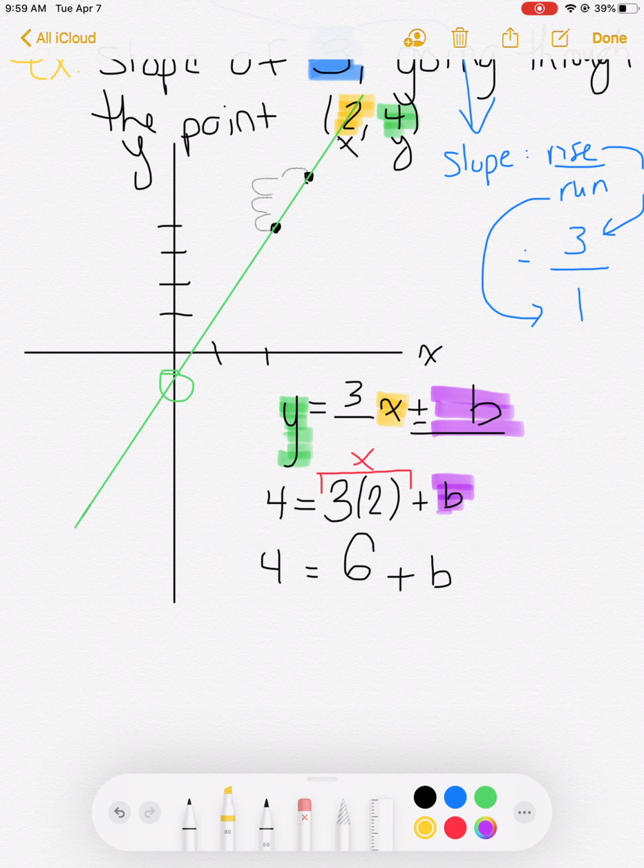Do you guys remember this? Oh, it's all coming back. What do I need to do to get b by itself? Subtract 6. What you do to one side, you do to the other. Let's clean her up. 4 minus 6 is -2. So b is -2.